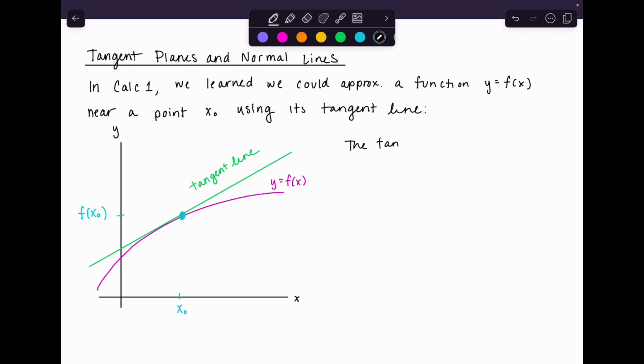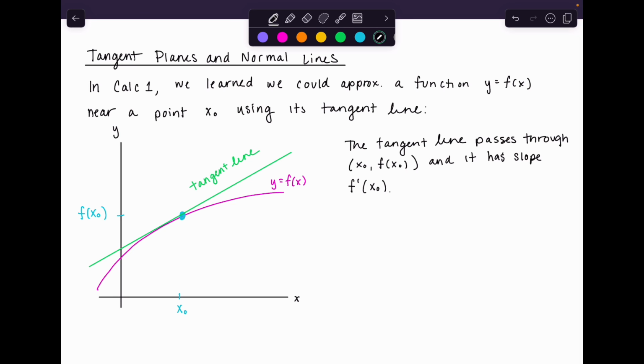The tangent line passes through the point x naught, and then the y coordinate would be the function evaluated at that point. And remember, the slope is just the derivative. So it has slope, which is the derivative evaluated at that x value.